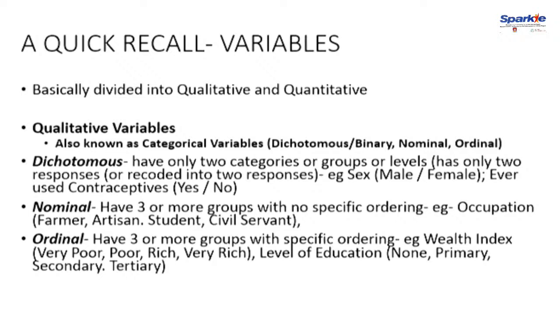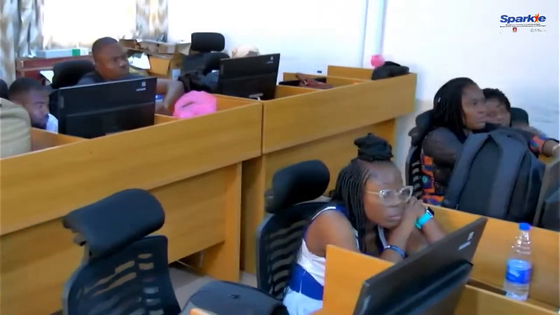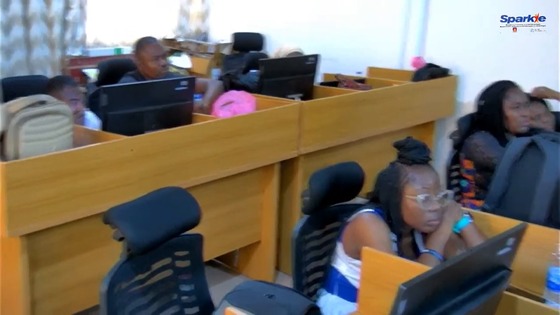That's a particular ordering. By the time you say 1, 2, 3, 4, 5, you know that as they increase in age, it's also the ordering. Socioeconomic status. Well, yeah, that's true, which can also fall into wealth index one way or the other. All right.